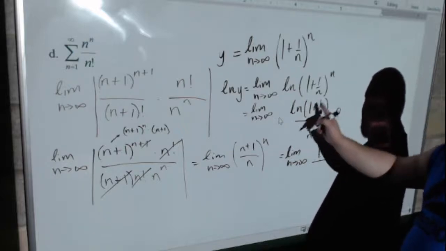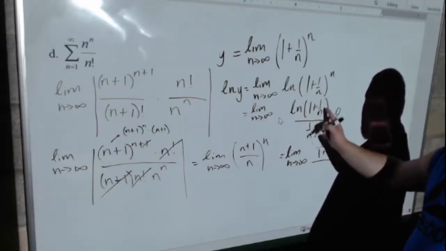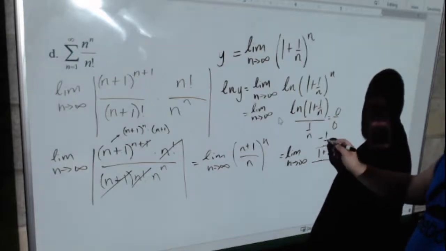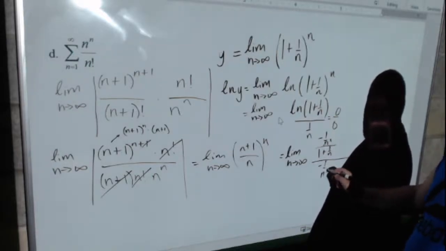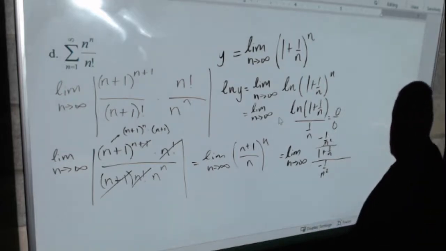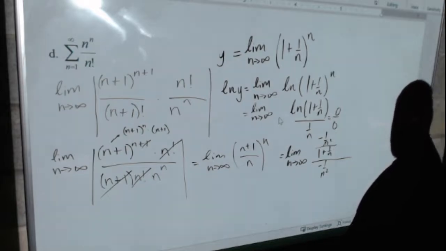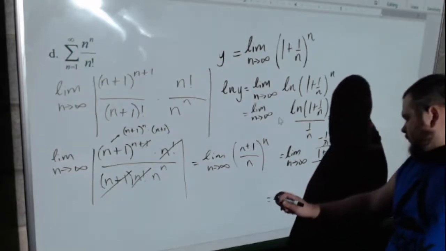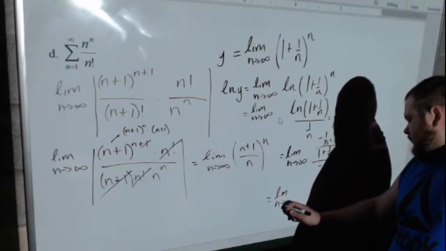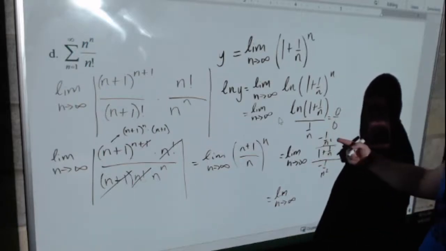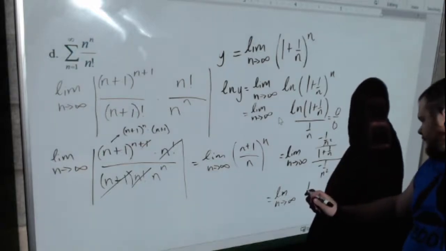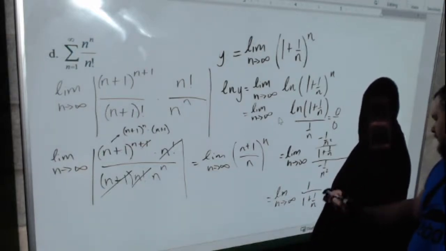So the derivative of this is 1 over the inside, times the derivative of the inside. And then you get the same thing down here. So this is that.